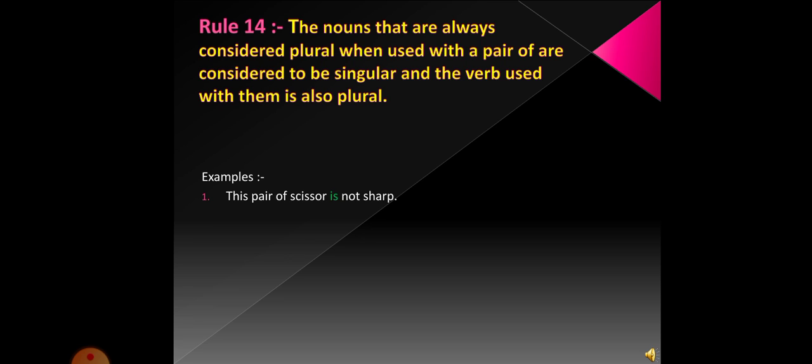In the previous rule you have read scissors, trousers, spectacles, binoculars. Here the pair of is added. So I have used here is, a singular. A pair of trousers is lying on the bed. A pair of spectacles is kept in my bag.